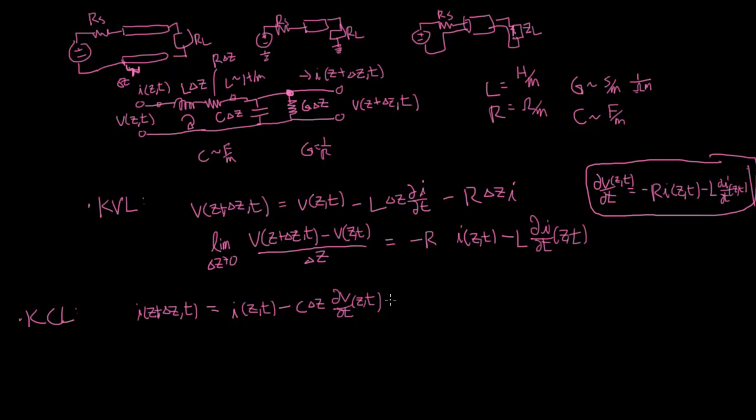If you write it in terms of the conductance, it's also going to be minus G delta z v of z and t. And then we're going to do the same trick. We're going to move this I of z, t over, and then divide the whole thing by delta z.